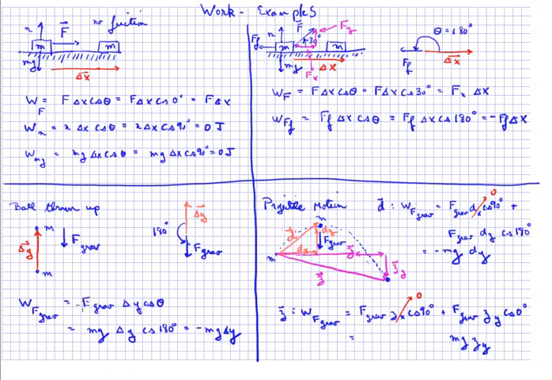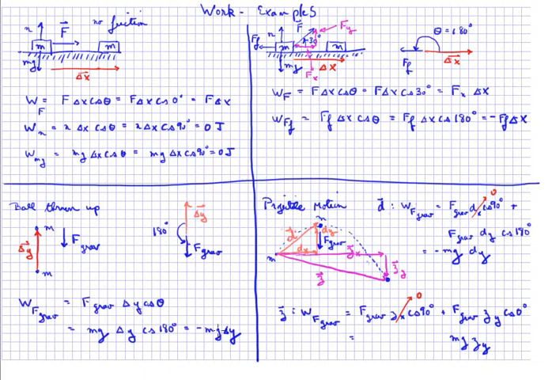Using the definition of work, it's going to be the magnitude of the force of gravity on the mass times the magnitude of the displacement times the cosine of the angle in between the two. As you can see from here, the angle between delta y and F of gravity is 180, and that's negative, and therefore the work done by gravity is minus m times g times delta y.